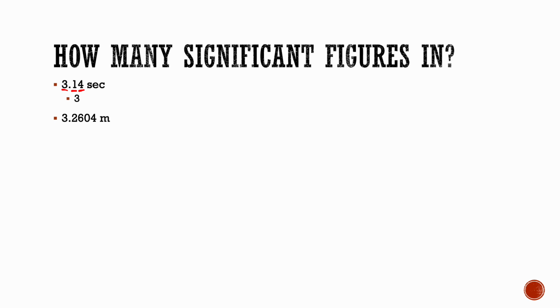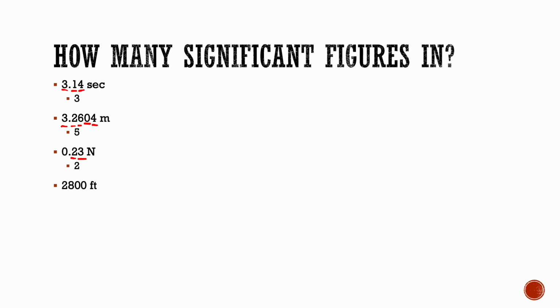Now in this case, our 0 is between 2 other numbers, so we do count it. So we have a 3, the 2, the 6, the 0, and the 4. So we have 5 significant figures. Next one, we have 0.23 newtons. In this case, our 0 is there for placement purposes, so we only have the 2 and the 3, so just 2 significant figures.